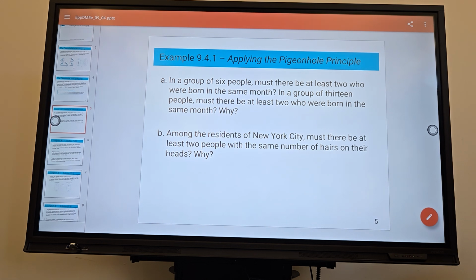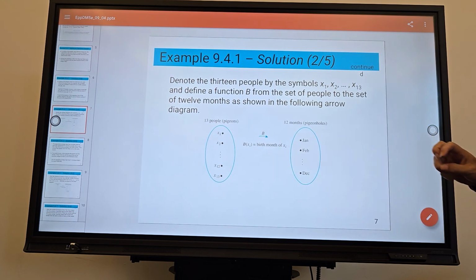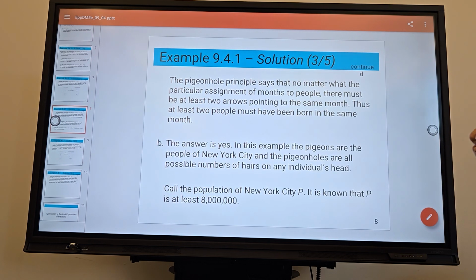How about residents of New York City? Must there be at least 2 people with the same number of hairs on their head? Why anybody would care, I have no idea. But the answer is yes. In this example, the pigeons are the people of New York City, and the pigeonholes are all the possible numbers of hairs on any individual's head.